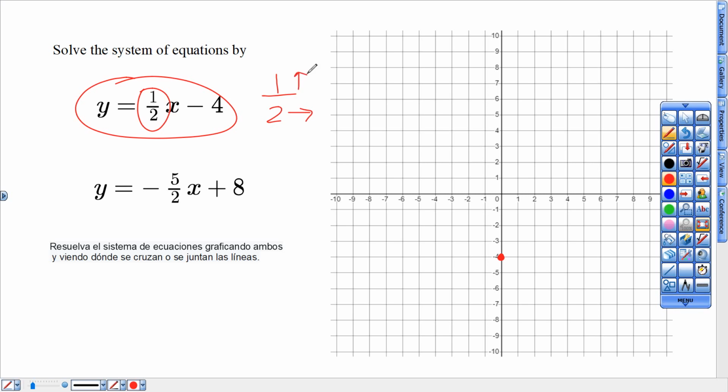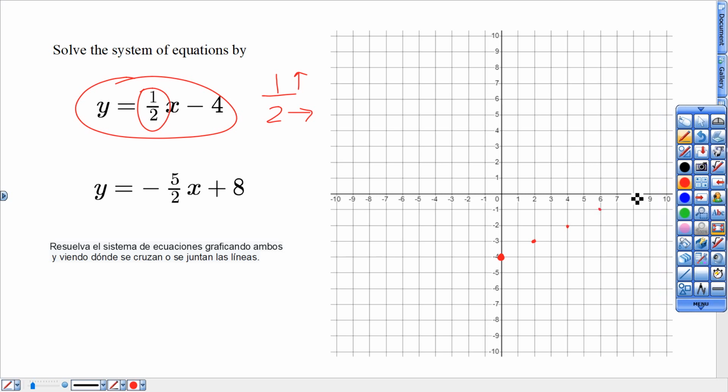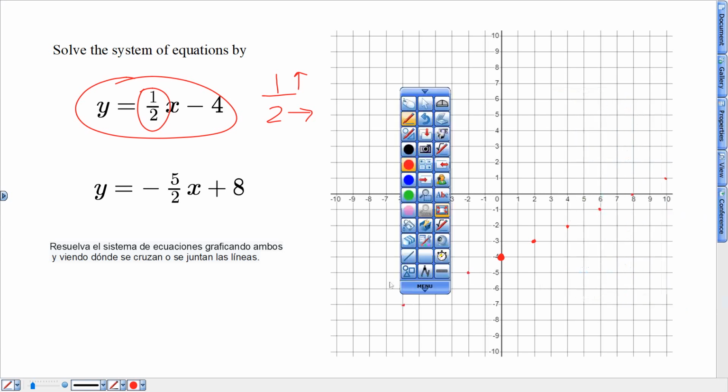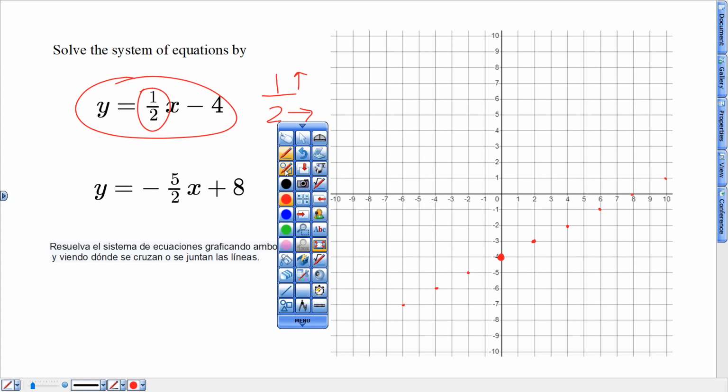That is my slope pattern, red. So from that -4, right 2, up 1, right 2, up 1, and just keep going. Stair step a couple in the opposite direction just to make sure. And then draw your line as long as you can.